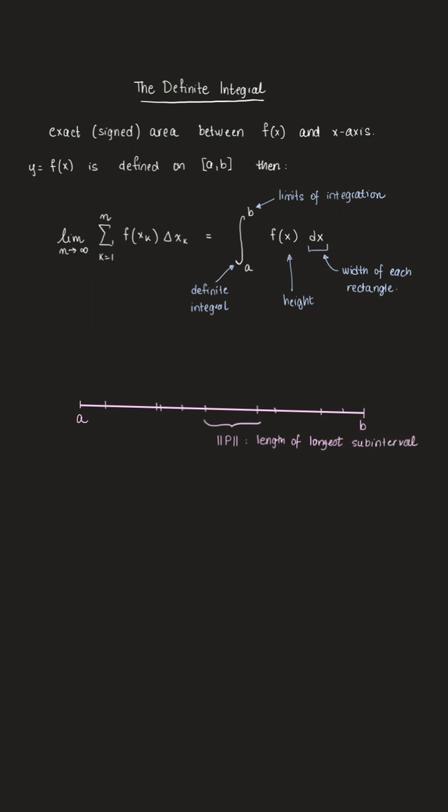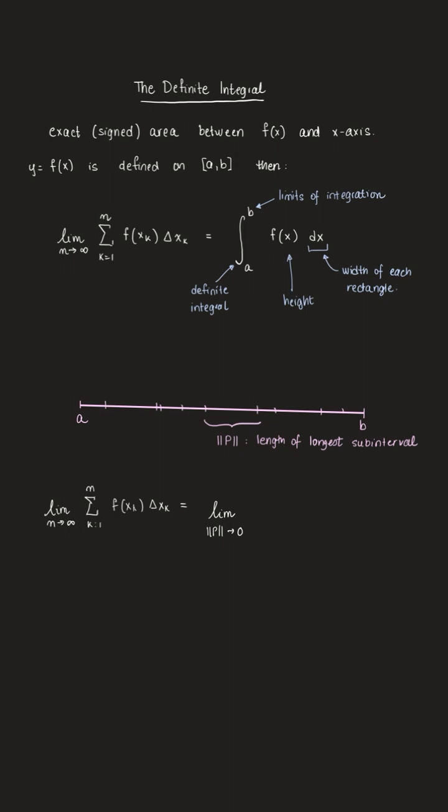I'm defining this because sometimes we might write our limit of the Riemann sum as we did above, as the number of subintervals goes to infinity of the sum from k equals 1 to n of f of x sub k delta x sub k for the kth subinterval, but we might also write this as the limit as the norm of this partition gets arbitrarily small.